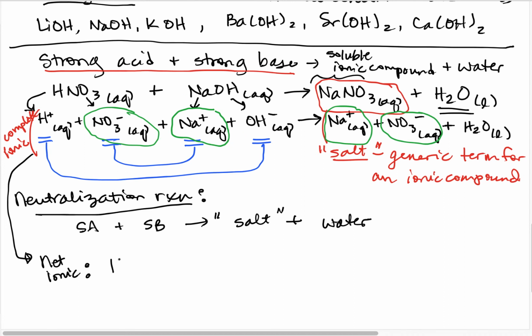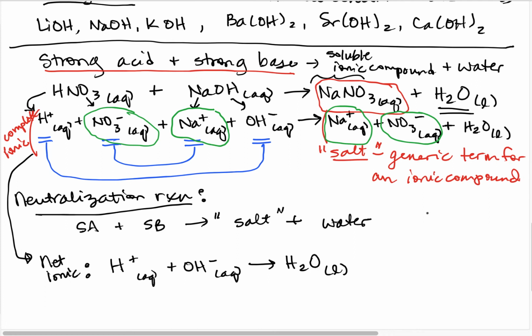We have H+ and OH- makes water. And this will always be the net ionic equation for a neutralization reaction. So if you have done the total ionic equation and the net ionic equation, and this is what you get, you know you have done a neutralization reaction.